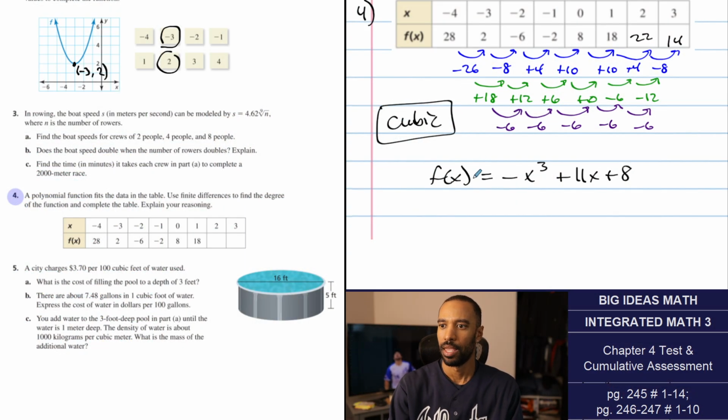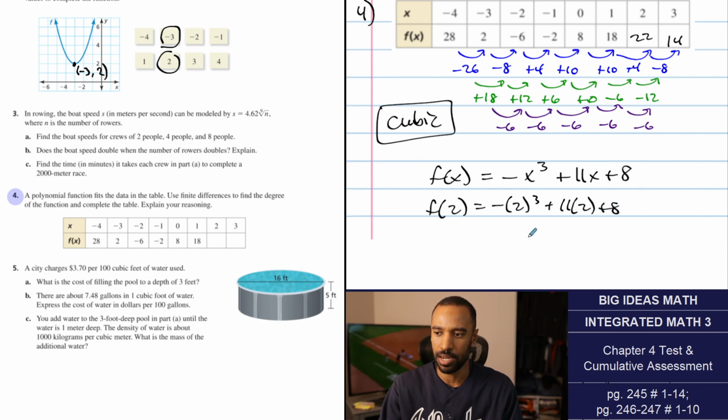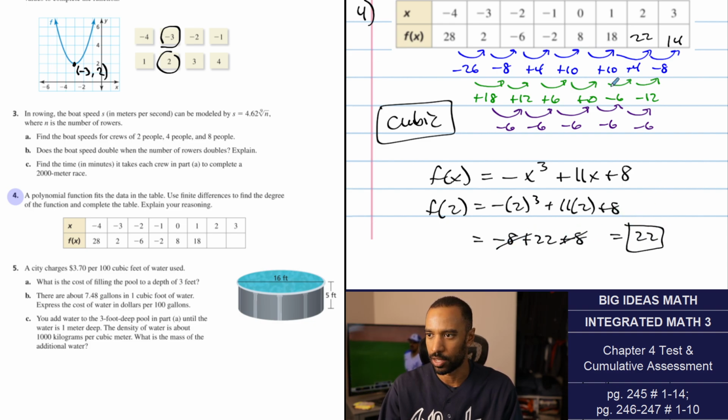Okay, if we substitute 2 into here and 3 into here, what do we get? f of 2 is negative 2 cubed plus 11 times 2 plus 8, which is negative 8 plus 22 plus 8. Negative 8 plus 8 is 0, so you have 22, which is what we got there.